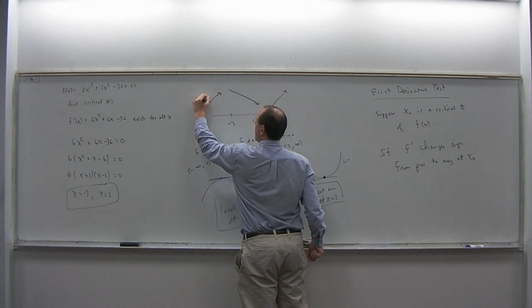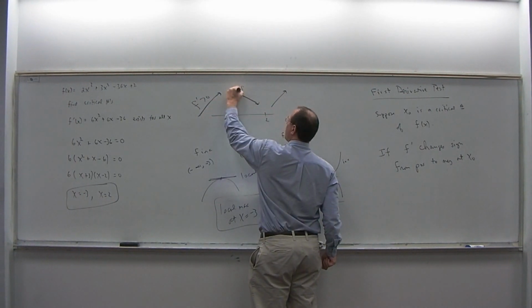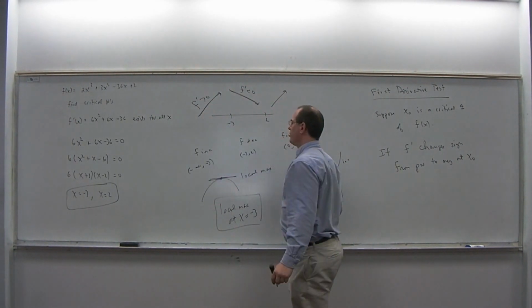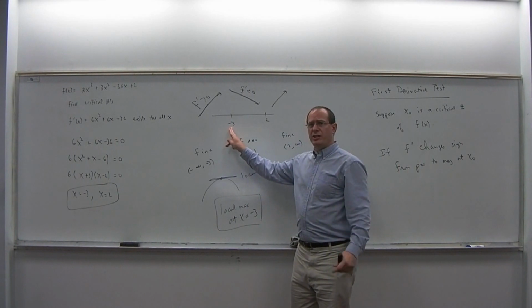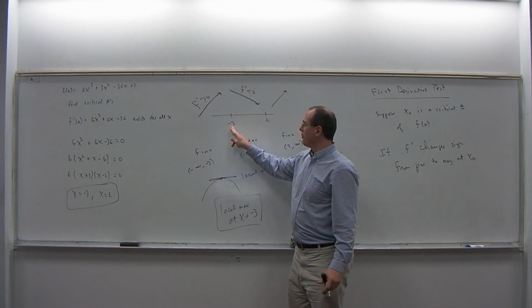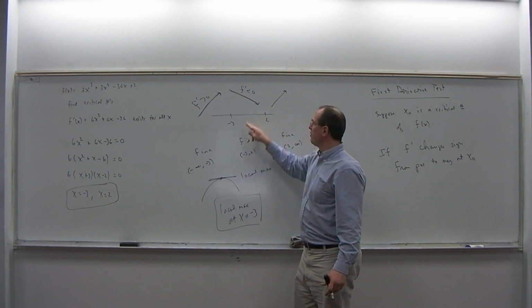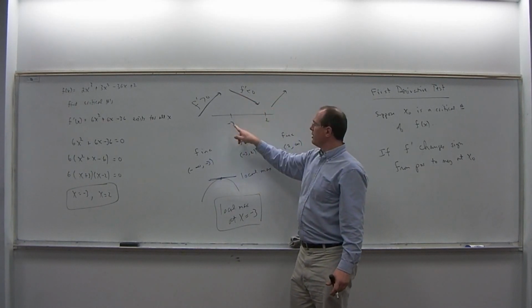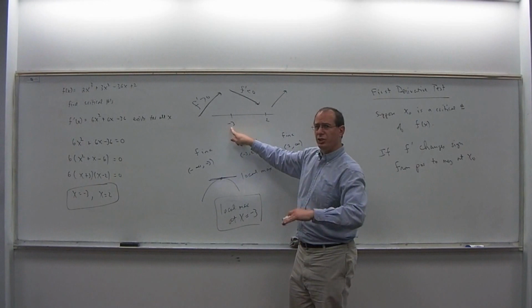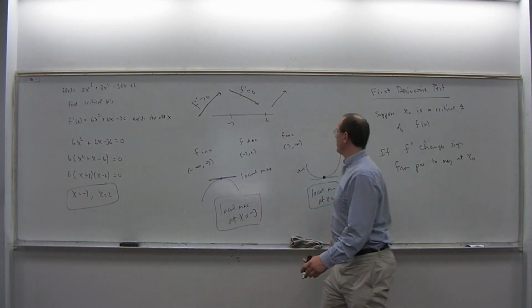Increasing came from f prime being positive, decreasing came from f prime being negative. So there was a change in the sign of f prime at -3. F was increasing, f prime was positive. F was decreasing, f prime was negative. So at -3, there was a change from positive to negative in f prime.